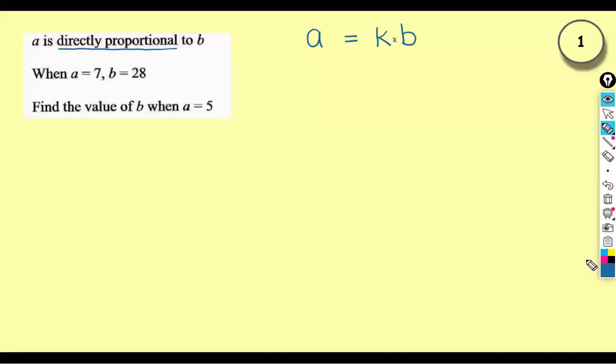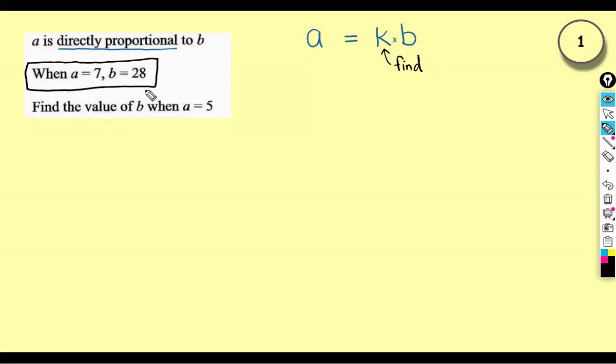Now, the first thing we have to do is try to find K. That's our first job, no matter what. Now, to find K, the examiner has to give you some information. He just can't expect you to magically find K just so. But look at the second sentence.